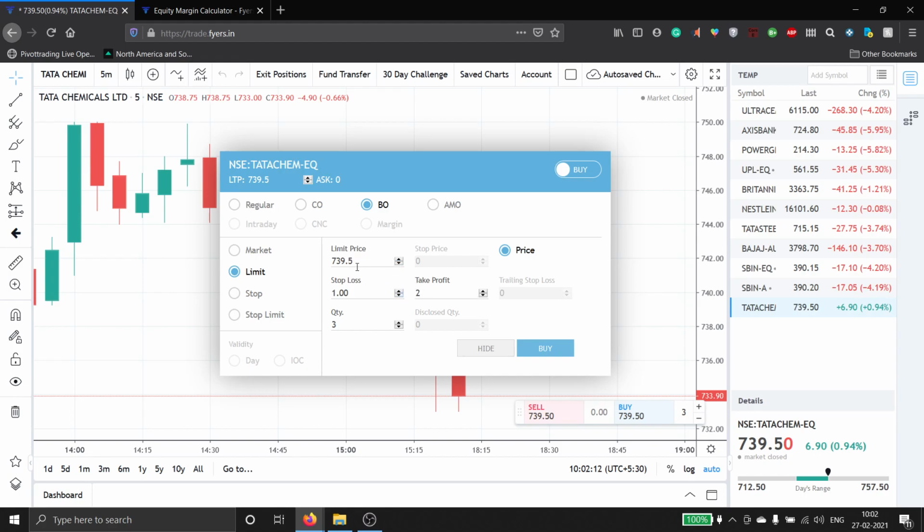That means if it is going down, it will take care of the loss, and if it is going up, it will take care of the profit automatically, without your intervention. So you don't have to stick around with the platform and look at the prices.